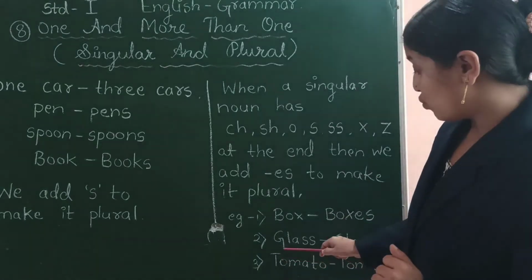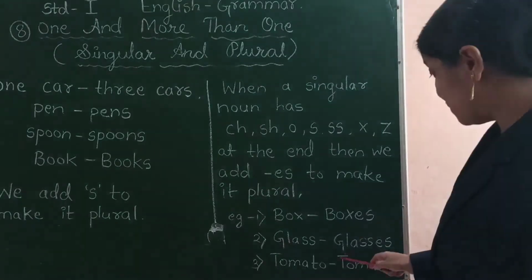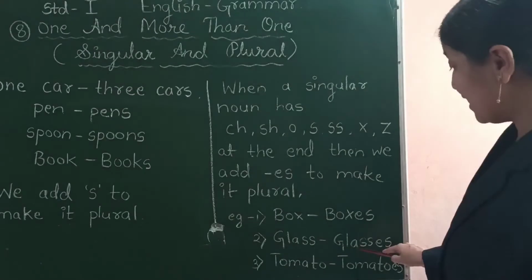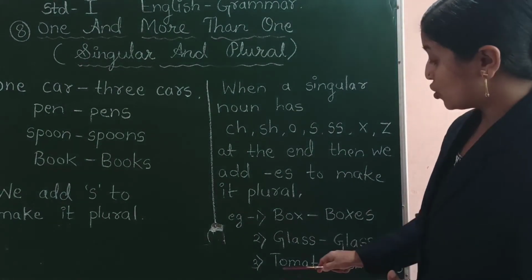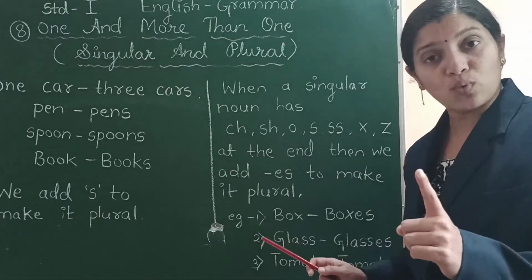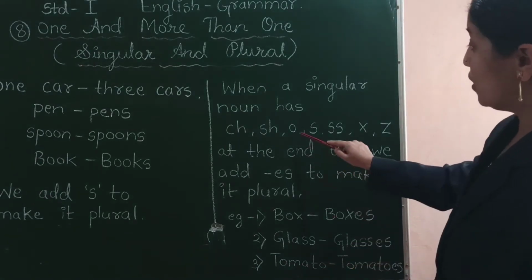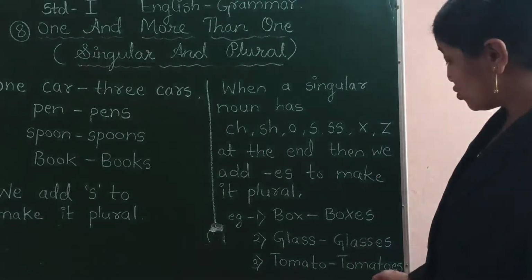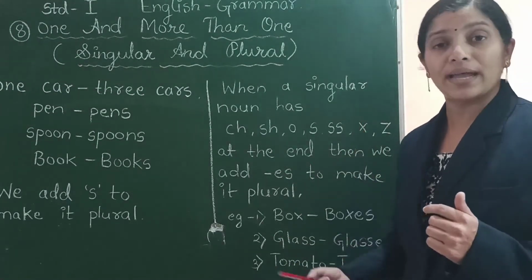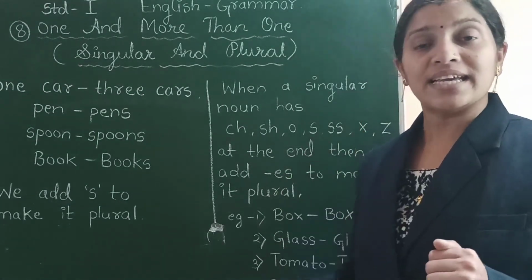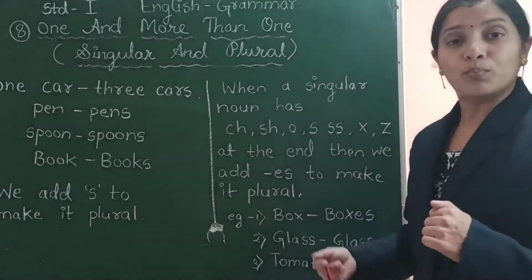Similarly, one glass, and if it is more than one in number, it becomes glasses, G-L-A-S-S-E-S. Also tomato. Tomato is one in number, T-O-M-A-T-O. It has O at its end, and so we will add ES to make it plural. That is tomatoes. And this is the way we make them plural.